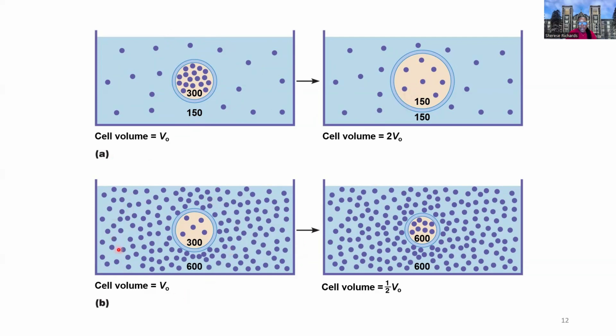We have a high solute concentration outside the cell, low solute concentration inside the cell, which means we have higher water inside the cell, lower water outside the cell. And in terms of the direction of movement of water, it's going to be from the inside of the cell to the outside of the cell, which means that we're going to see the movement until both solutions are going to be the same osmolarity.